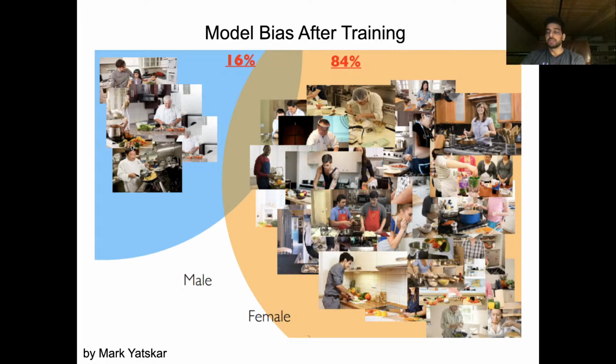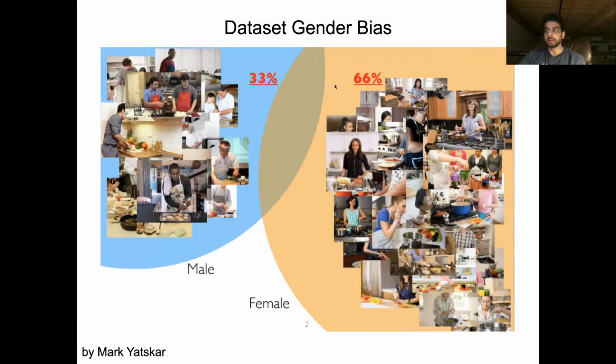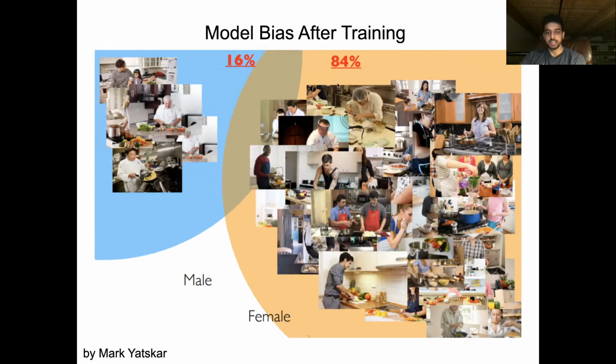However, once you train a model on this to predict the activity, the resulting model predicts that only 16% of examples of cooking are associated with men and 84% of them are associated with women. So you see here, including examples where there's clearly men involved in the image, the model learns this bias and amplifies it in its predictions.